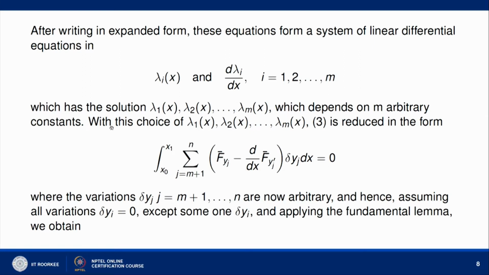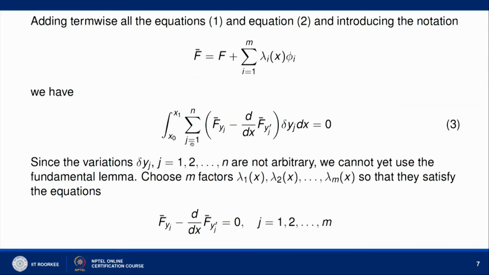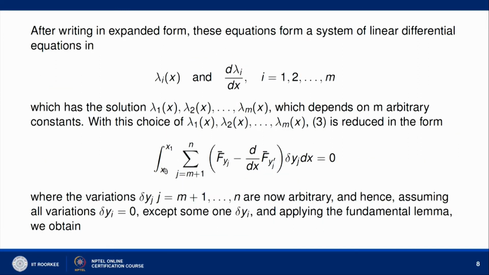Now with this choice of lambda 1 to lambda m, the previous equation number 3 is reduced to the integral from x naught to x1, summation j from m plus 1 to n, of f bar_yj minus d by dx f bar_yj' delta yj dx equal to 0.